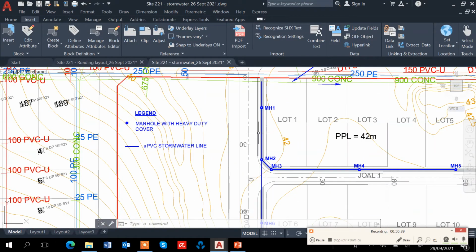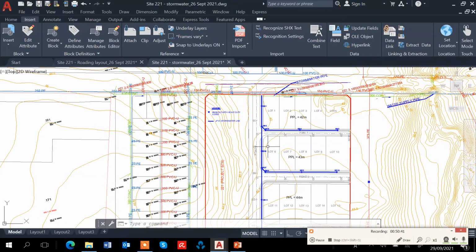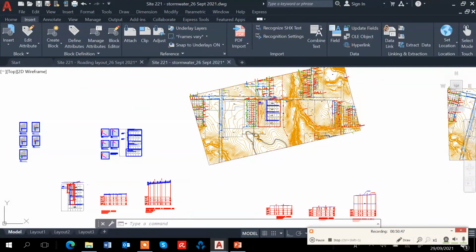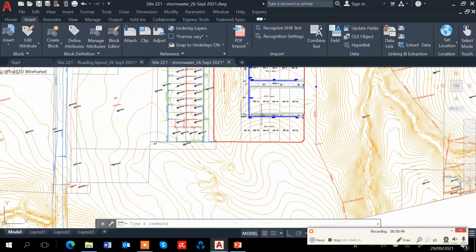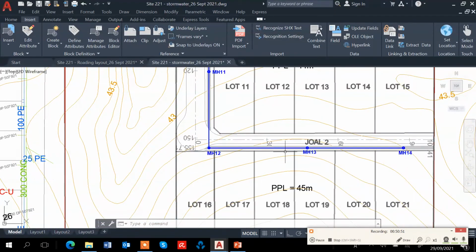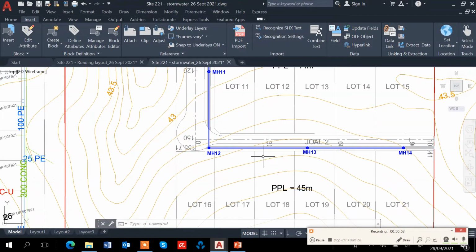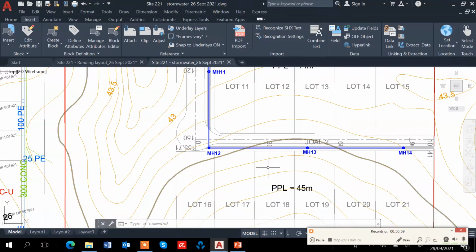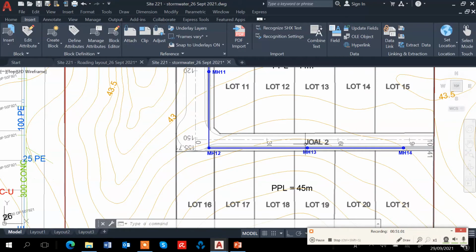Okay, so this one will be shown in the long section, I think. I can label it on this one as well. This one is not fully completed, so I can label the pipe between the manholes.